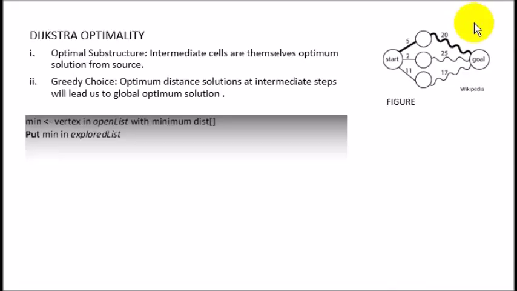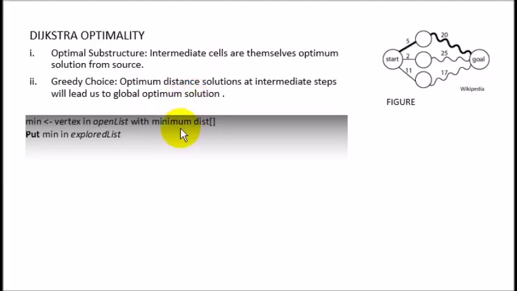In order to show that Dijkstra's algorithm finds the global optimum, it has two properties: optimal substructure and the greedy choice. Optimal substructure says that the final solution consists of intermediate steps, while the intermediate steps are themselves the optimal path from the source. The greedy choice says the final solution is achieved by selecting the best or optimum solution at each iteration.